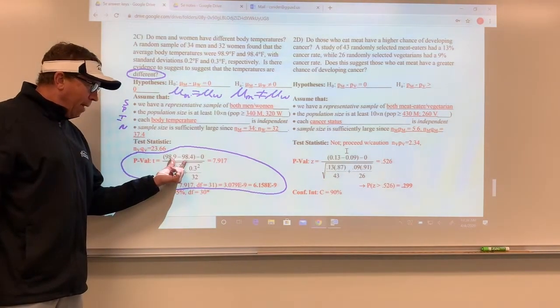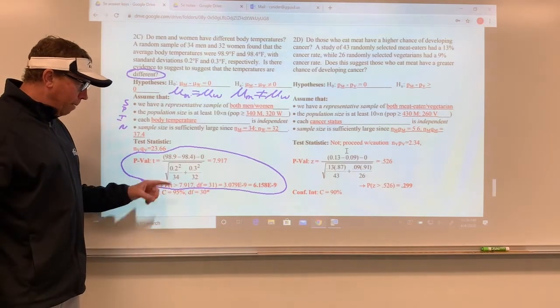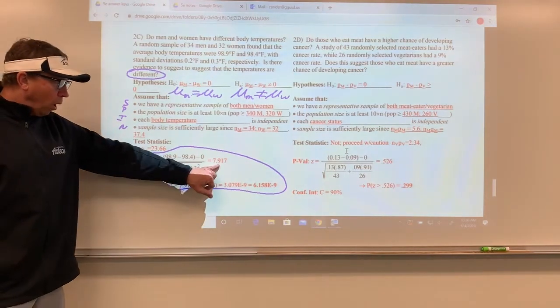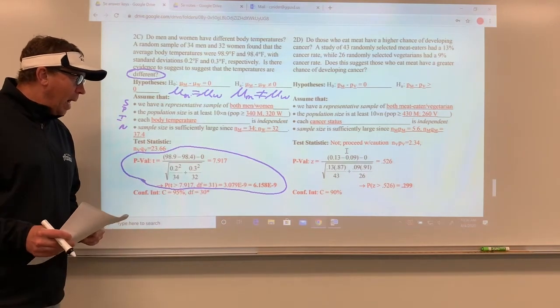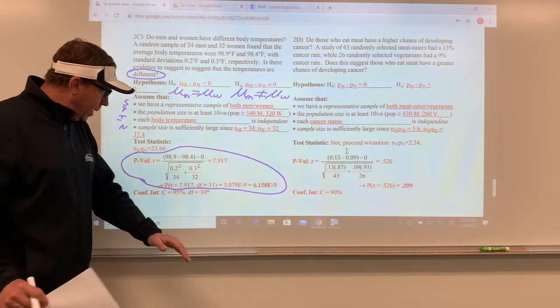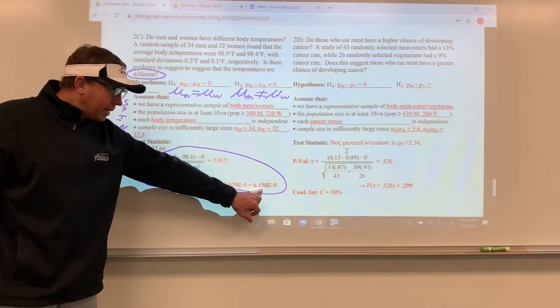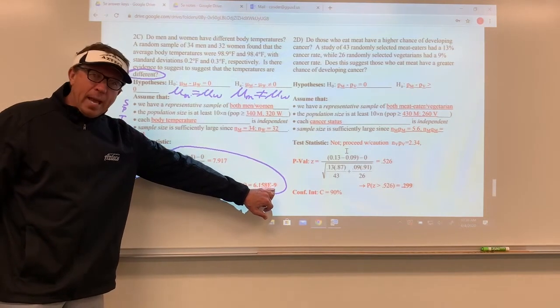So 0.5, and we're going to divide that by the standard deviation. And when you get the t-score, it's off the chart. It's 7.92. And then when you get that into a p-value, you get essentially 0. This is 6.16 times 10 to the negative 9th.